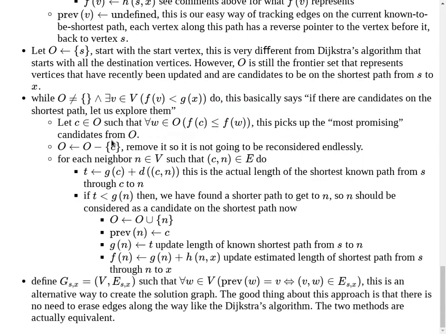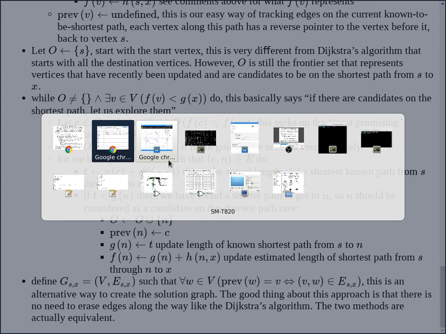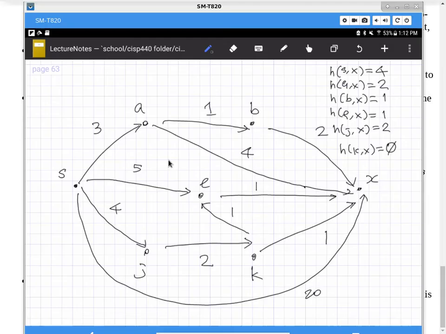And then in the algorithm we have to explore all the outgoing neighbors of vertex S. So for that we're going to switch to the tablet and we go like, okay, what are the outgoing neighbors of vertex S? We got a bunch, we got 4 of them, right? So we have to evaluate every single one of those and then decide whether to do something with them or not.